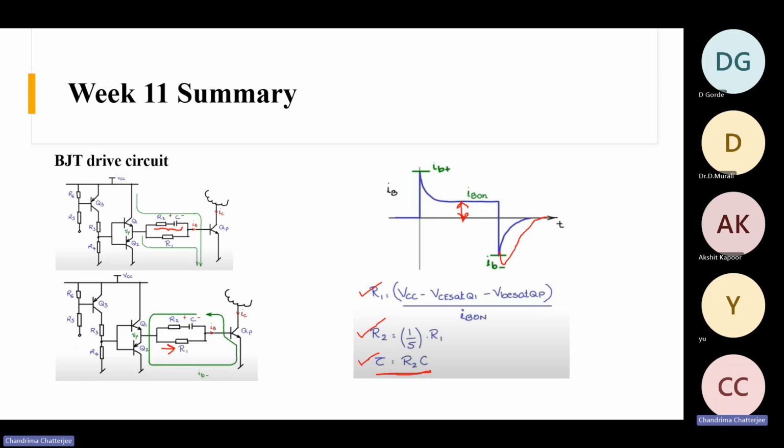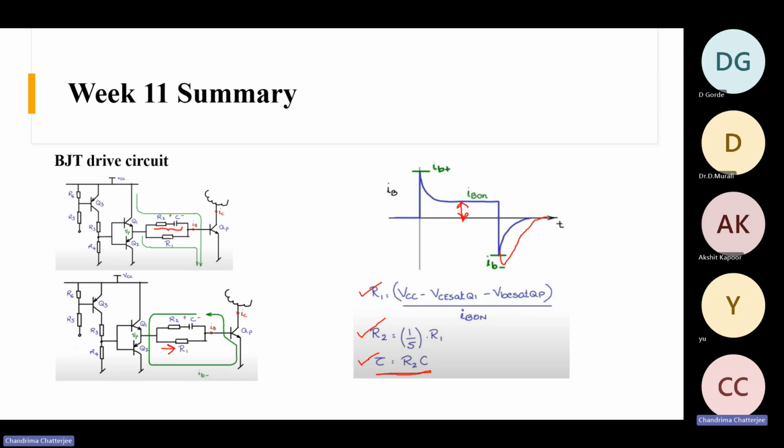It shouldn't exceed the rating of this device. So that's why the R1 value is higher than this R2 value. R2 value need not be higher because the purpose of R2 is basically to charge the capacitor or give a discharging path to the capacitor, right? That's why.